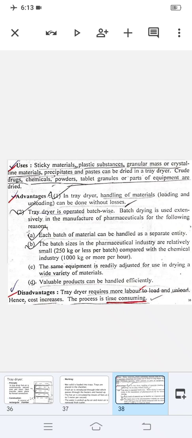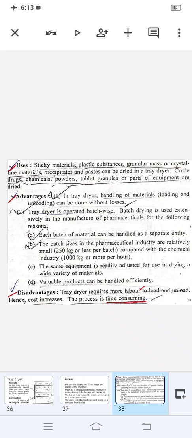What are the various advantages of tray dryer? Handling of material: the loading and unloading can be done without losses. It is a batch-wise operation. Batch drying is used extensively in the manufacture of pharmaceuticals, as each batch of the material can be handled as a separate entity.